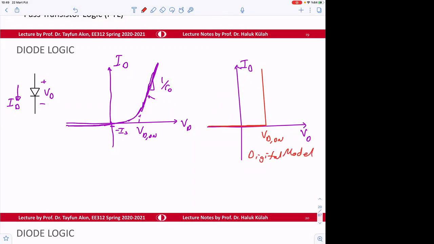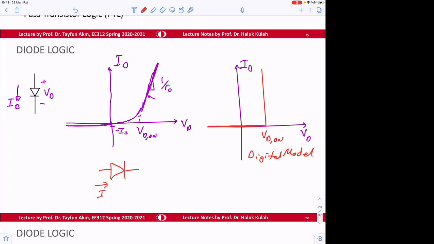So in the digital model, we say that, you know, for the diodes, if the current is on, that's how we can represent it.